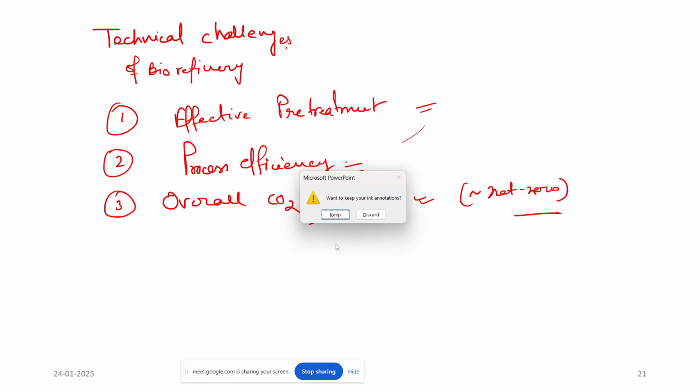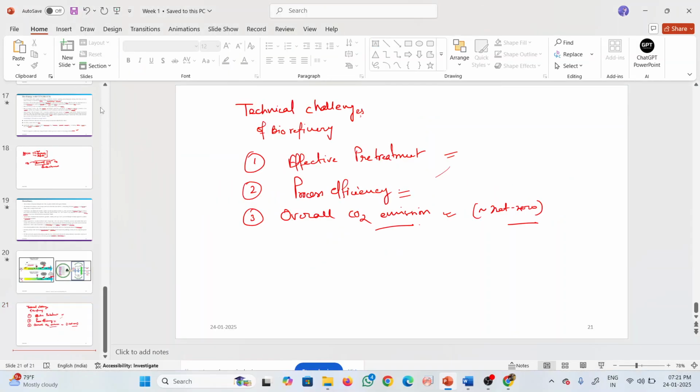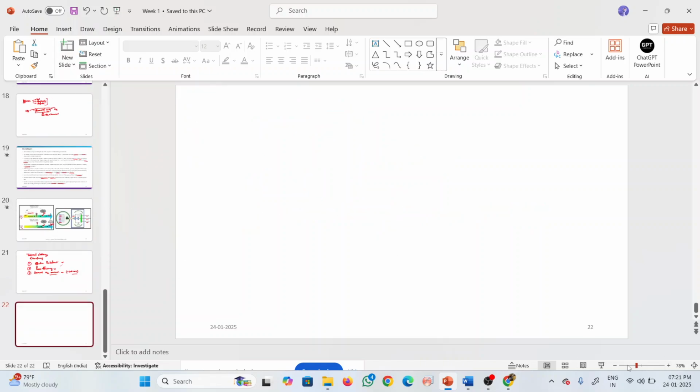Also, the implementation of the biorefinery is mainly driven by a few factors. The important factors I would like to mention: the energy supply should be sustainable.